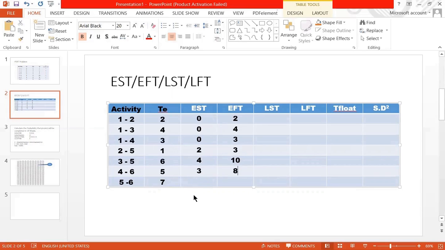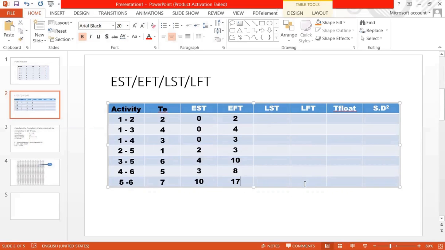For 5 to 6 activity EST will be 10 and EFT will be 17. So these are the values of EST and EFT.